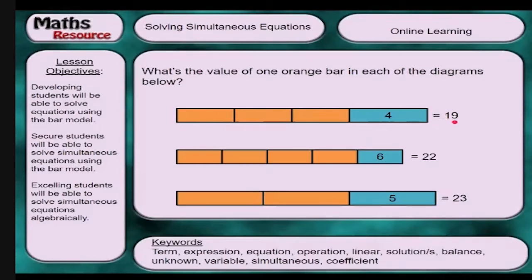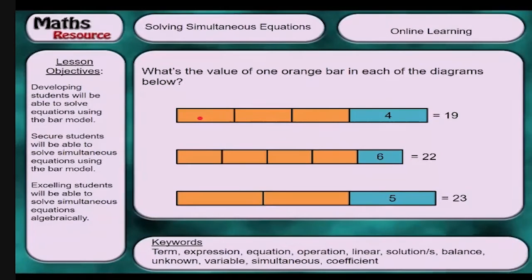I would take my 19 and I would subtract 4. That would give me 15. So because I've got rid of that 4, I know that and that equal 15. So 3 of these orange bars equals 15.